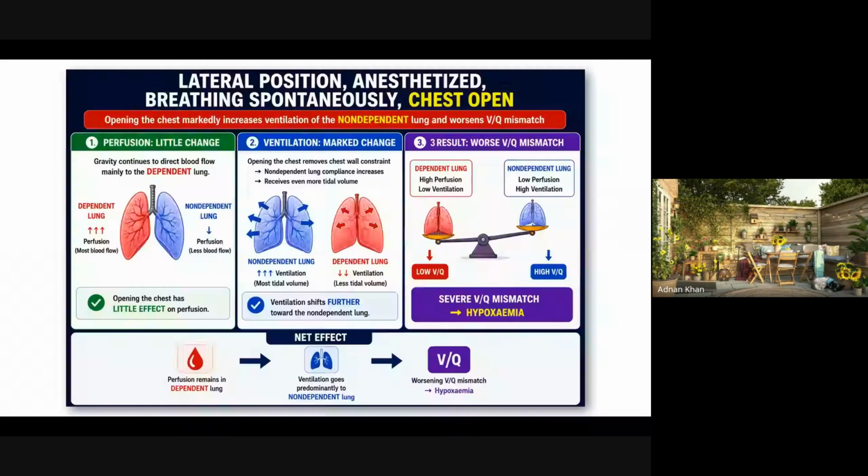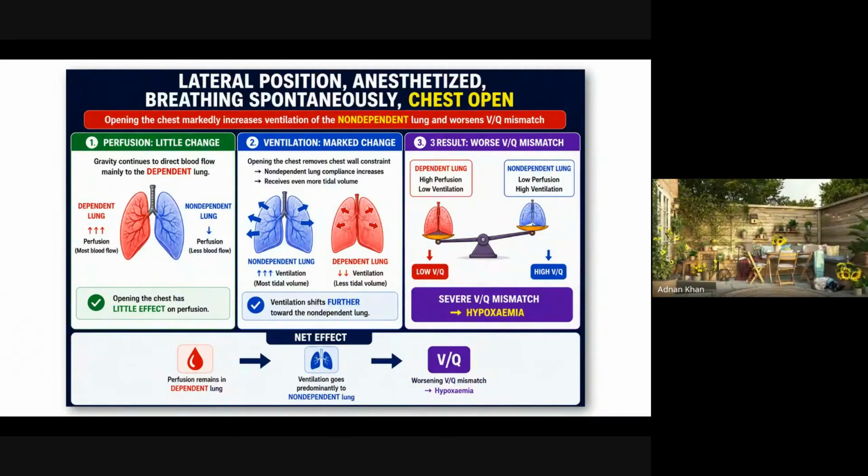Again, in the lateral decubitus position under general anesthesia, but the chest in this scenario is open, and the patient continues to breathe spontaneously. Keep in mind that opening the chest has little effect on the perfusion because gravity still directs most pulmonary blood flow to the dependent lung.